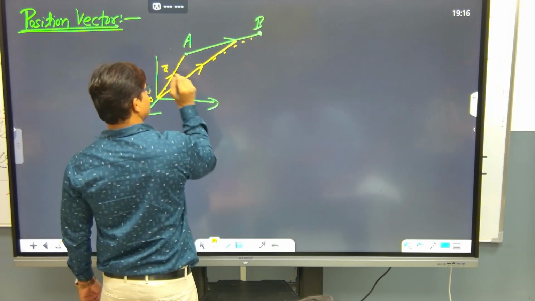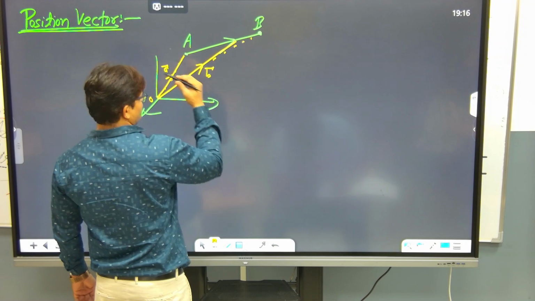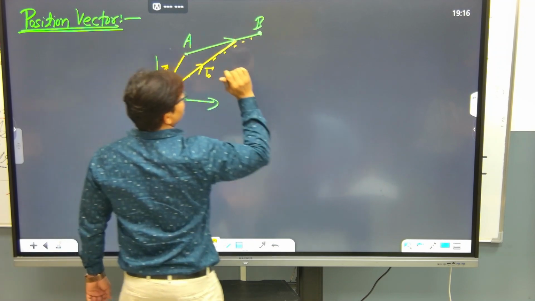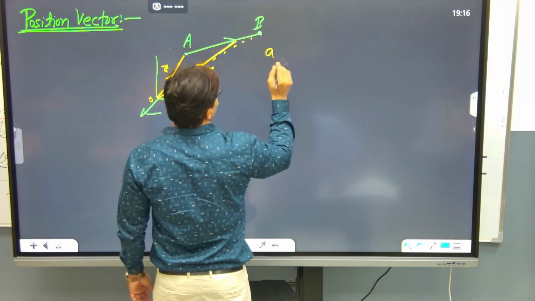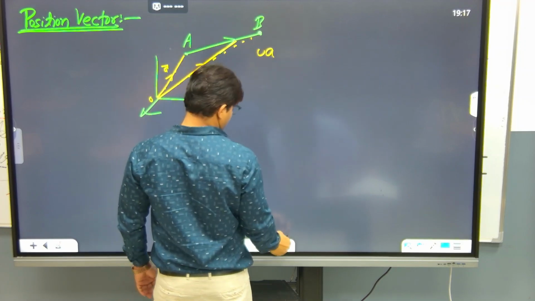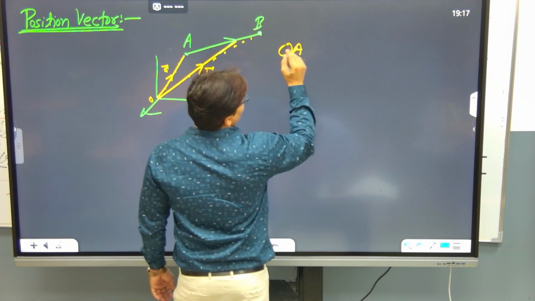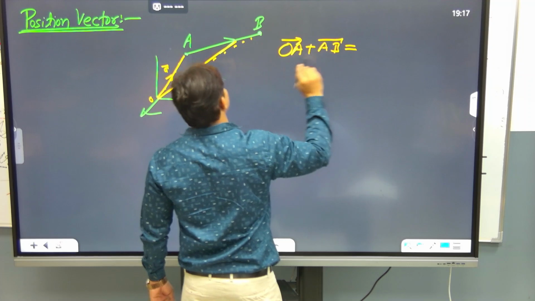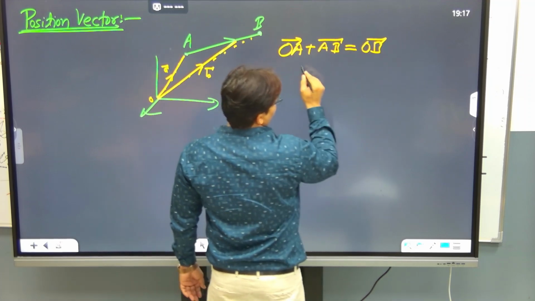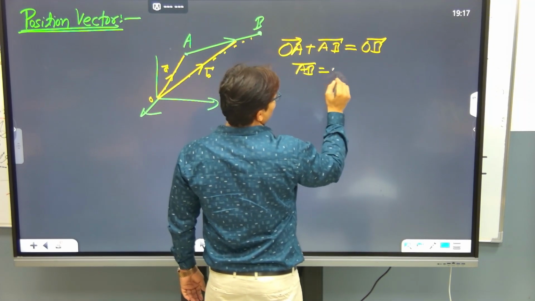So by using this side plus this side, the resultant sum is OA vector plus AB vector. The third side, the resultant side, is OB vector. We can write AB vector as what? OB minus OA.